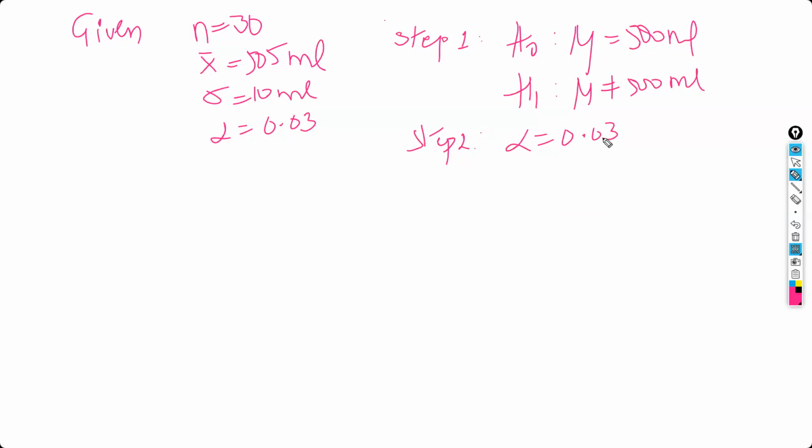Now, step three. Check for normal distribution, whether the data is normally distributed or not. Why? Because data was not given in the question. Either they have to write, assume the data is normally distributed, or they have to give the data. But here they have not given the data, so automatically it is normally distributed.